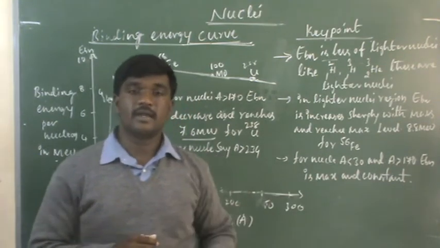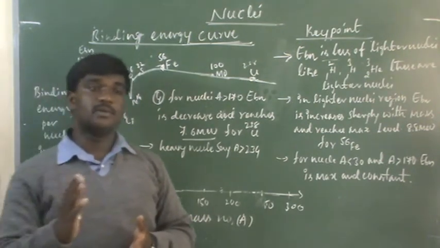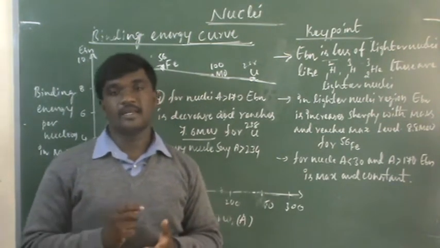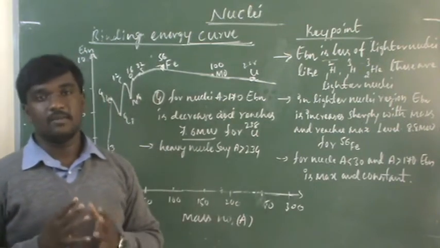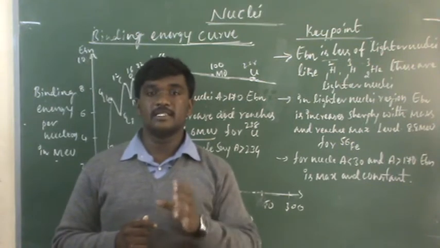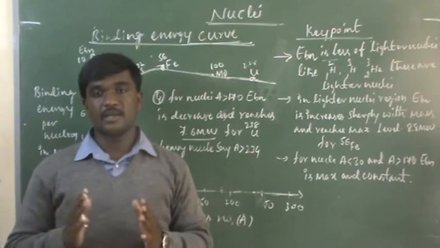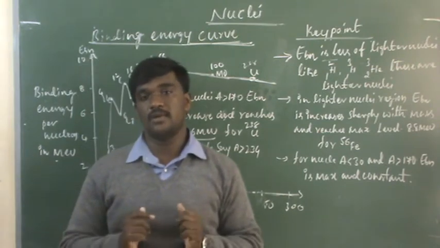Those nuclei are called stable nuclei. When the mass number is between 30 and 170, binding energy per nucleon is maximum and also constant. In this region the nuclei are stable nuclei.